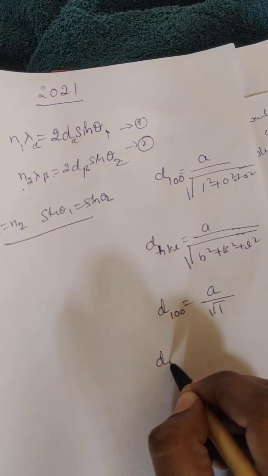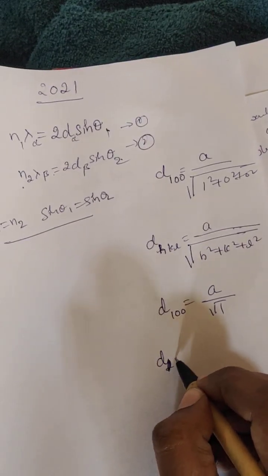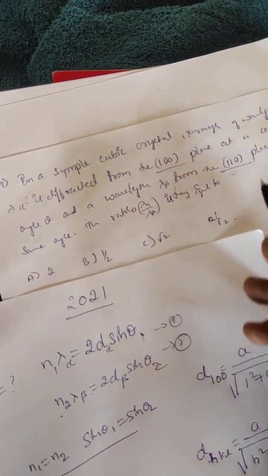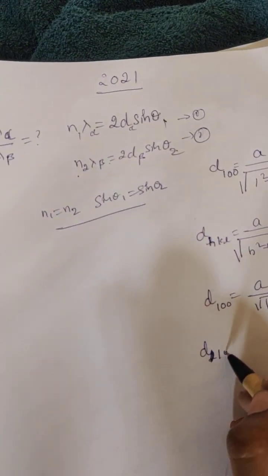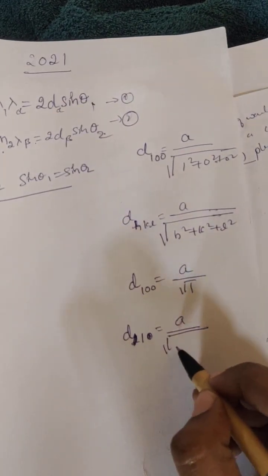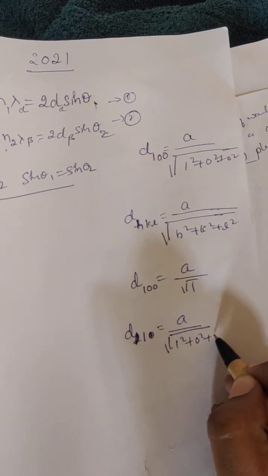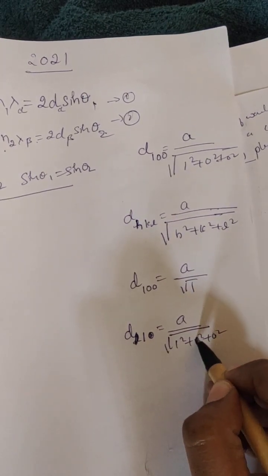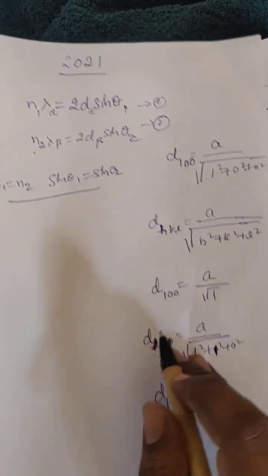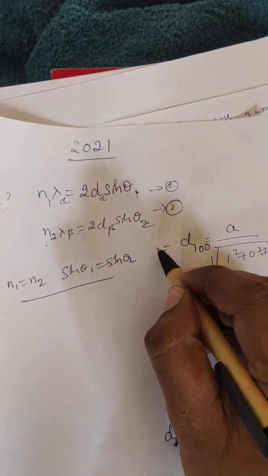Similarly, d110 plane is equal to a divided by square root of 1 square plus 1 square plus 0 square, so a by root 2. So this is for d beta and this is for d alpha.